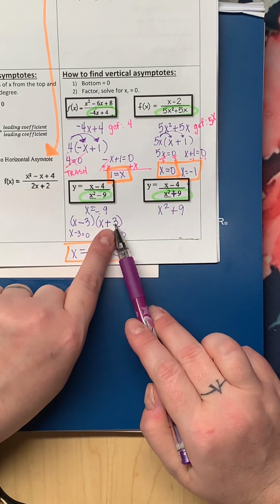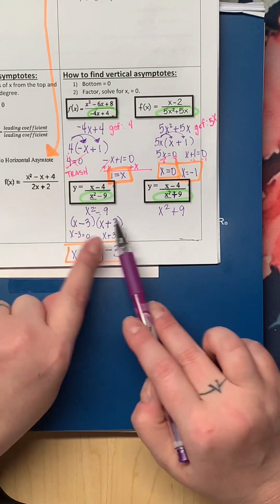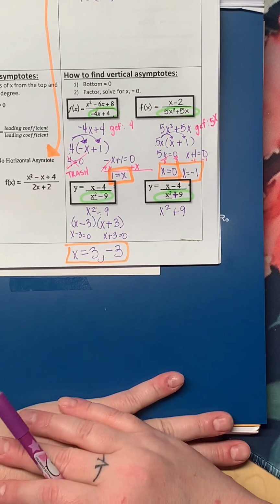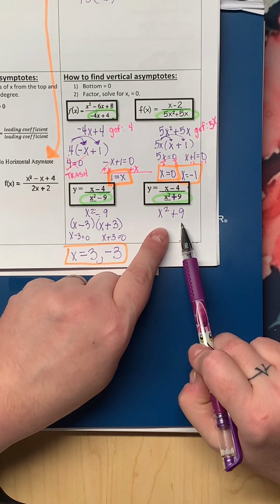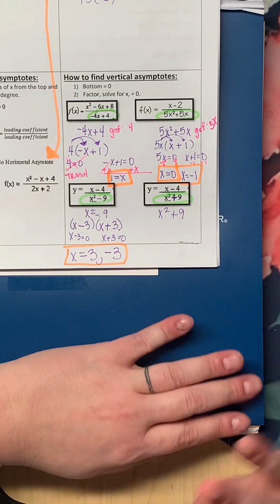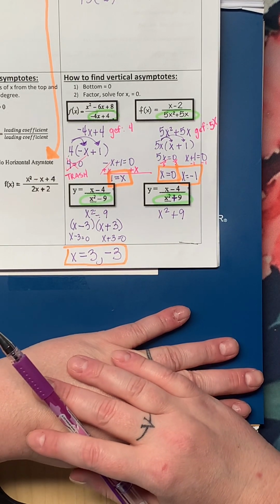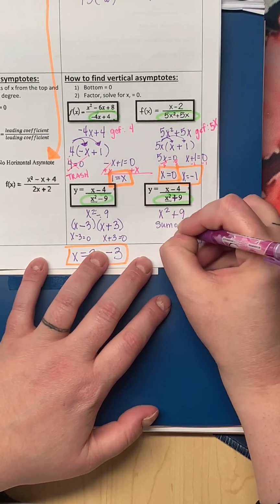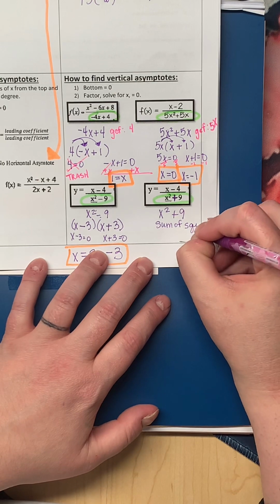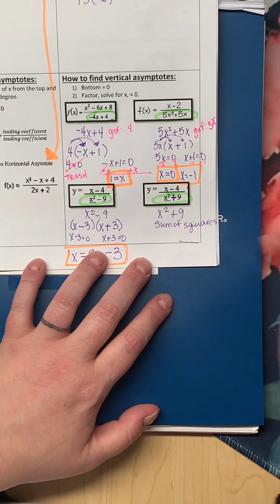So I cannot split it into two pieces that multiply together, because nothing multiplies to this. You might think it does, but check yourself. You're wrong. Okay, so this is called a sum of squares, and sums of squares cannot factor.